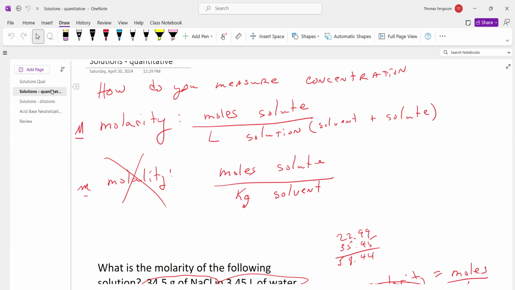And the solution contains both solute and solvent. Molality is moles of solute in kilograms of solvent. Sometimes these numbers are the same, frequently they're not. And when we get into 1B, we use this a lot.